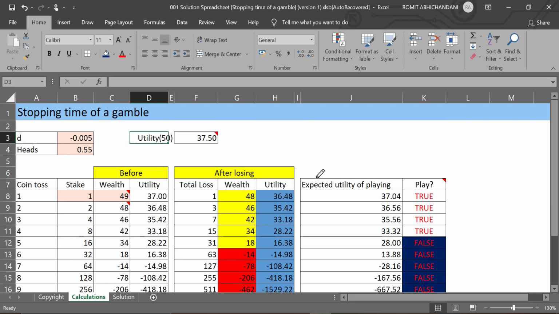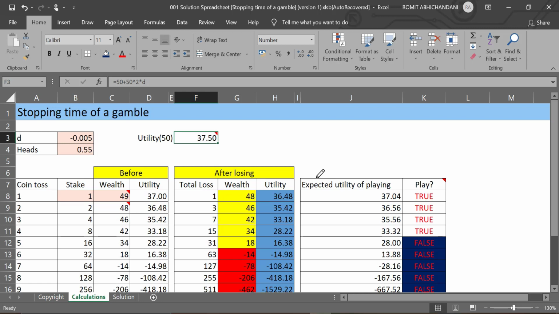Your wealth will directly go to 50 and your utility will directly go to 37.5, right? So your chances of winning are higher than the chances of losing, and if you go for infinite trials, you will win at some point, and then you will have a higher utility, right?